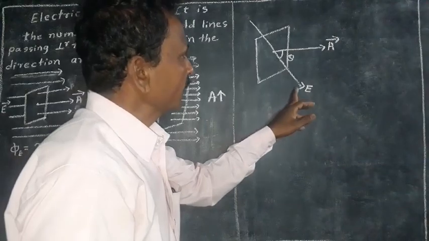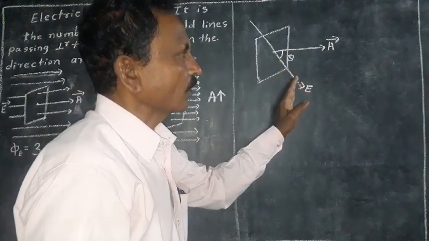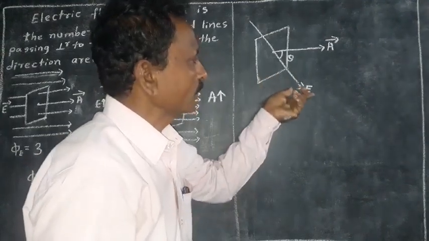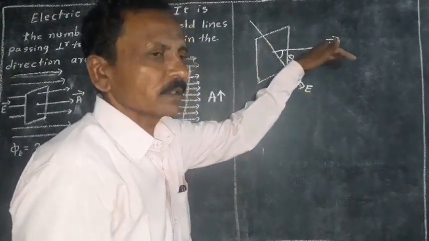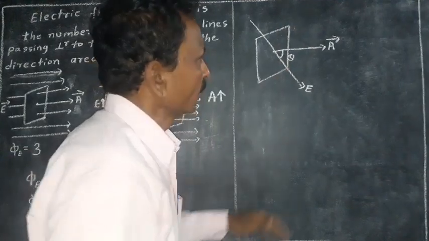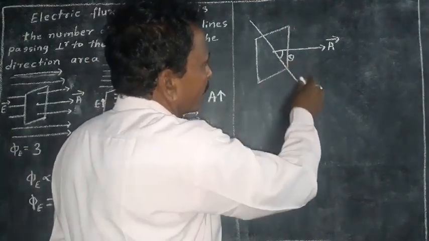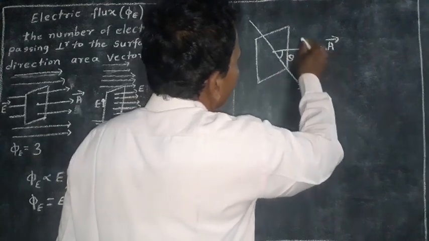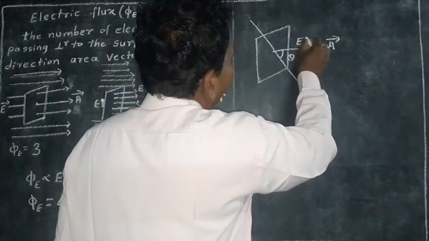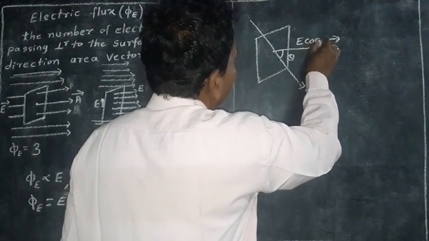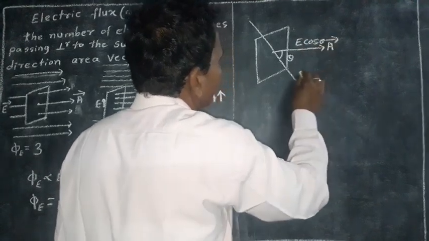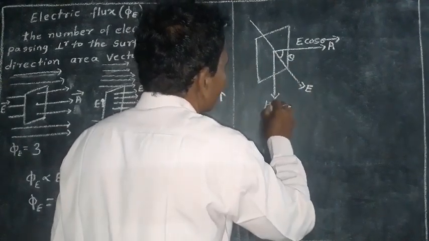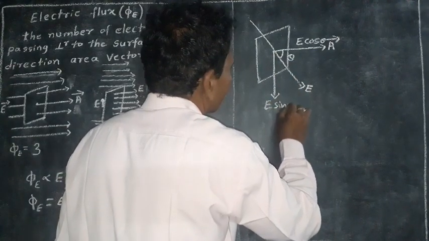Now intensity of field is neither along horizontal nor along vertical. Therefore, we resolve this intensity along horizontal and vertical axis. If theta is the angle, then component of E along the horizontal is E cos theta, and the component of E along the vertical axis is E sin theta.